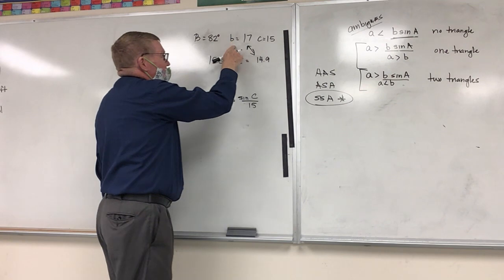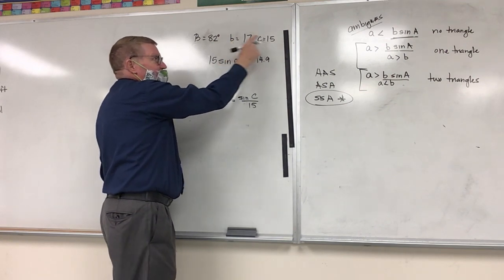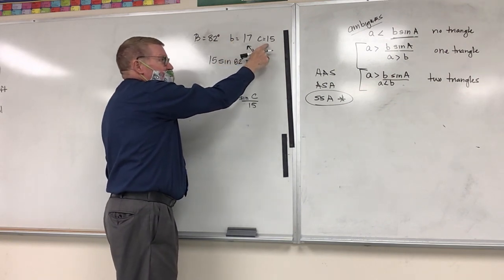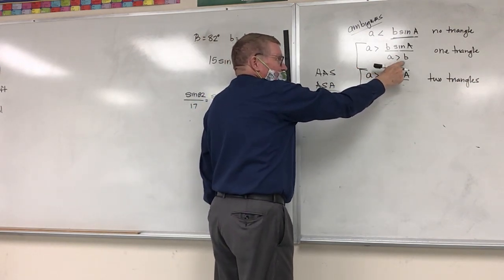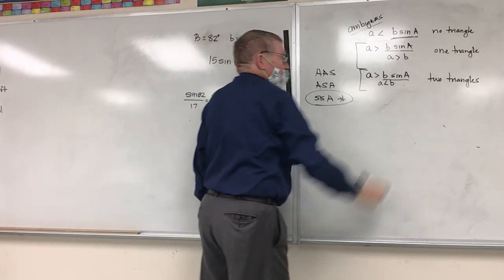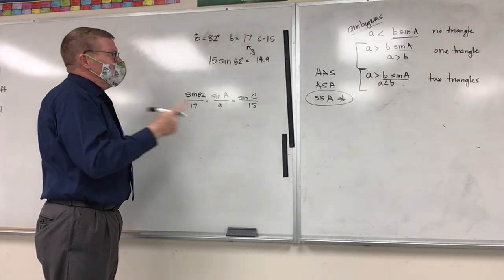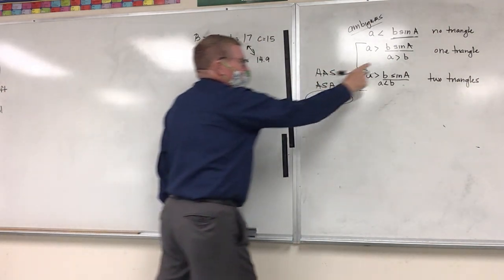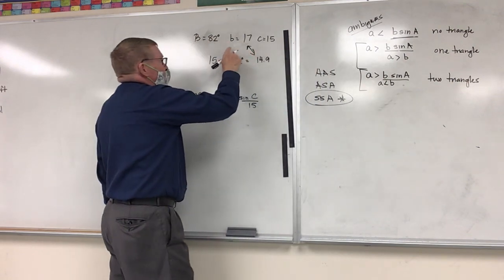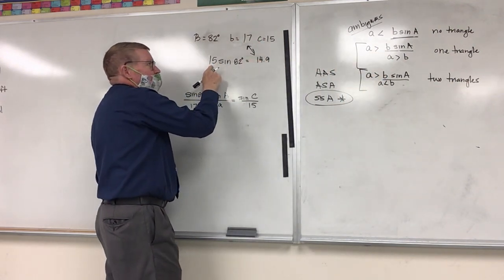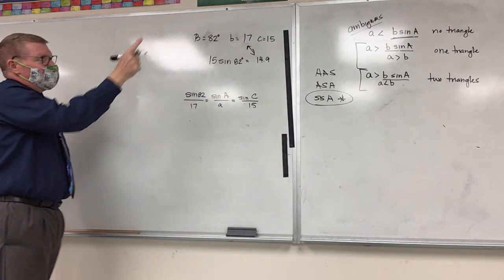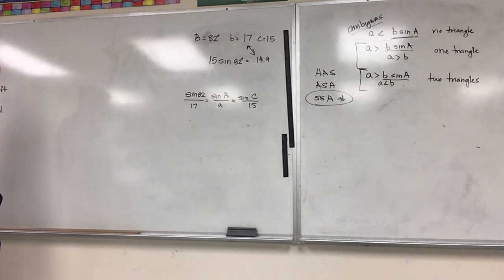It's bigger, so it's one triangle. You can always look at it this way: the side opposite is bigger than the side I just used, so it's one triangle.